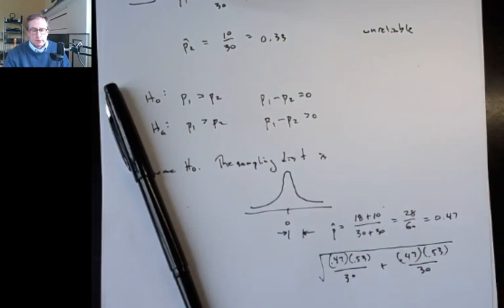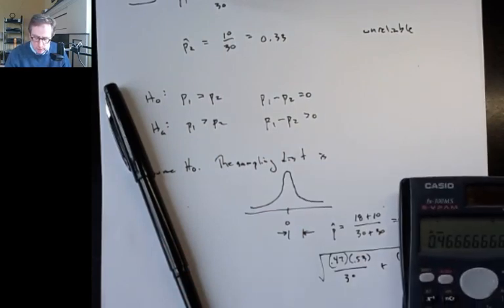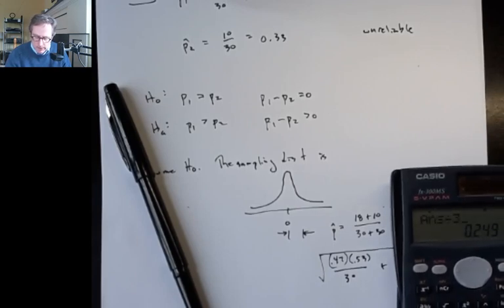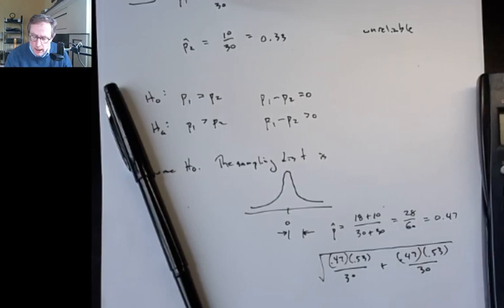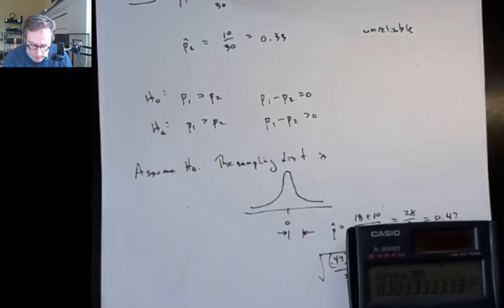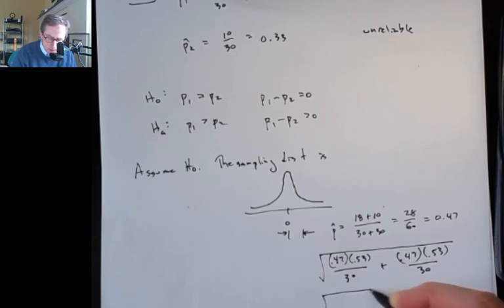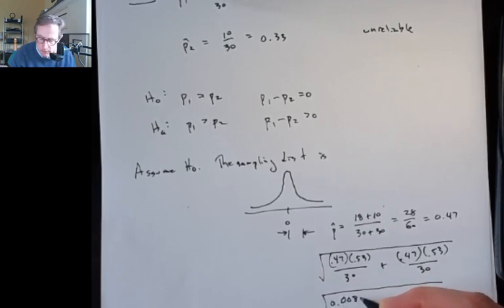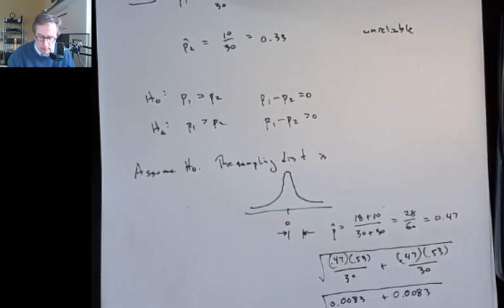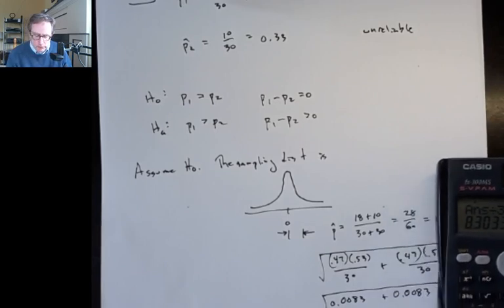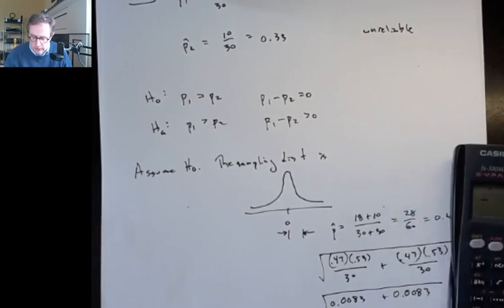Let's see what my calculator thinks of all this stuff. 0.47 times 0.53 equals, divided by 30 equals, and it says 8.30 times 10 to the minus 3, so keeping up my general pattern, I have 0.0083 plus 0.0083, and two significant digits is good enough for us.